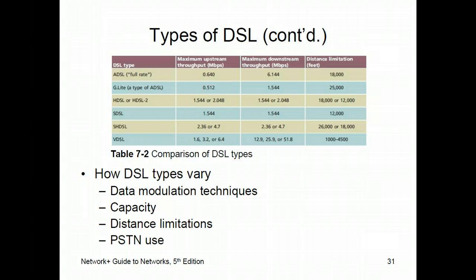Then maximum downstream, you have from 6.144 on ADSL full rate to the VDSL of 12.9, 25.9, and 51.8 megabits per second. And then the distance in feet between drops is 18,000 for ADSL and 1,000 to 4,500 for the VDSL.